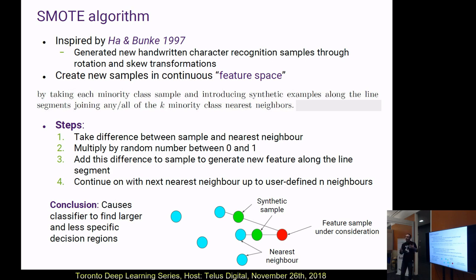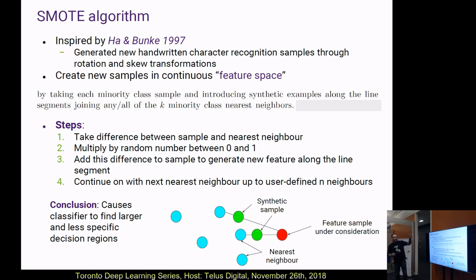They did some transformation on the data itself, so some skews, some rotation, and they were able to generate new samples for the algorithm to learn, which is very different from what the SMOTE algorithm is actually trying to do, because it works in the feature space.